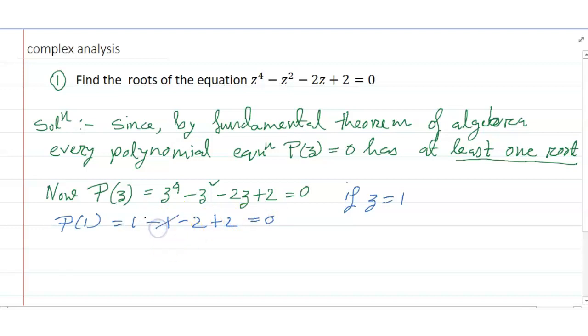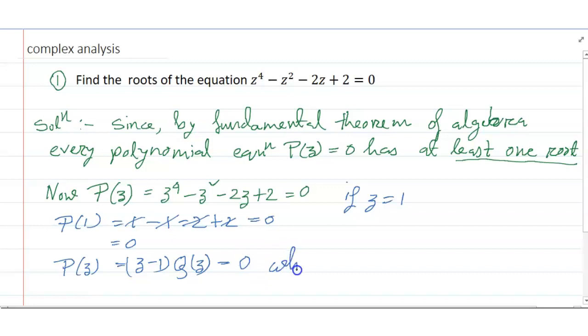So let's cut this, and after that we get it is 0. So friends, we can write p(z) = (z - 1) q(z), and after that we can write it equals 0, where q(z) is a polynomial.